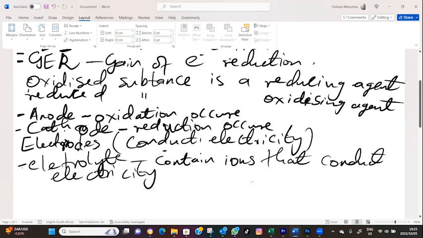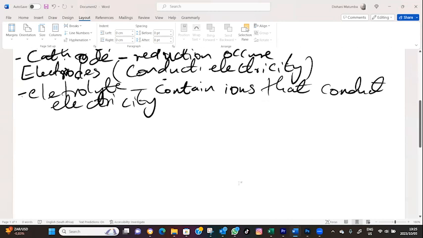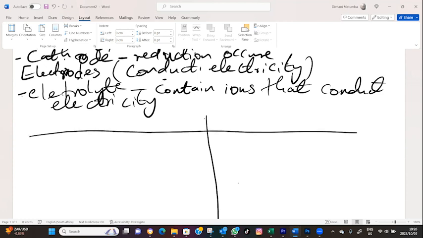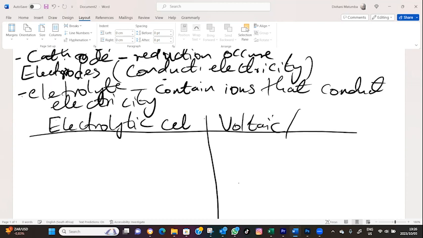Now, we have two types of cells: the electrolytic cell and the voltaic or galvanic cell.